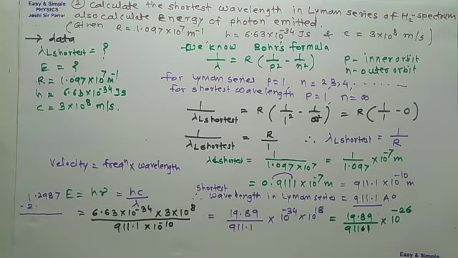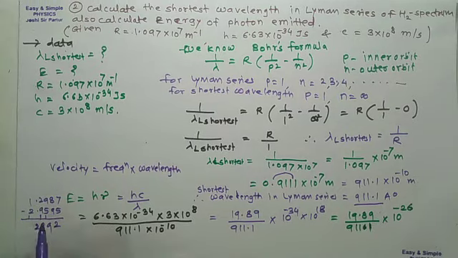And 91 and 1 is the mean difference. Its log will be 9595. So here 2 is remaining, 9 is remaining, and here minus 2 point will be there. Take its antilog.